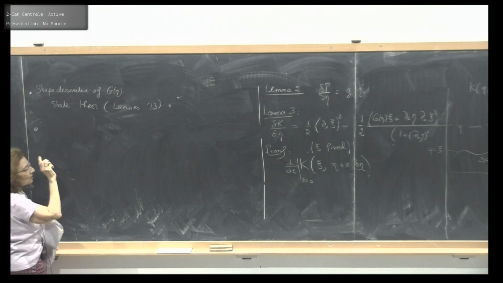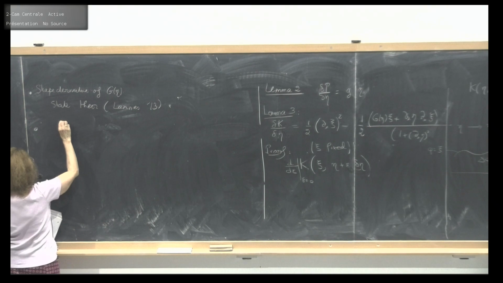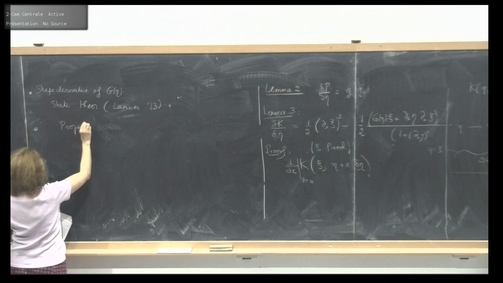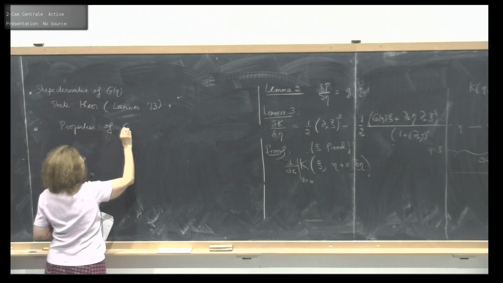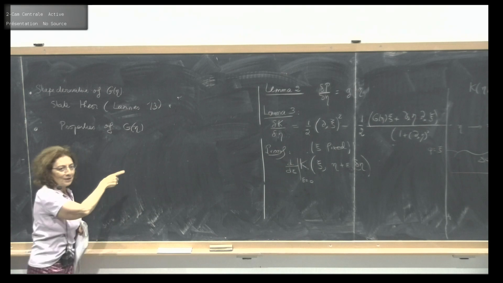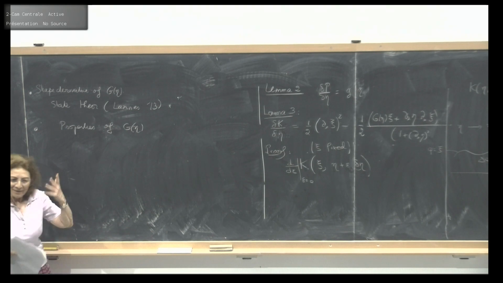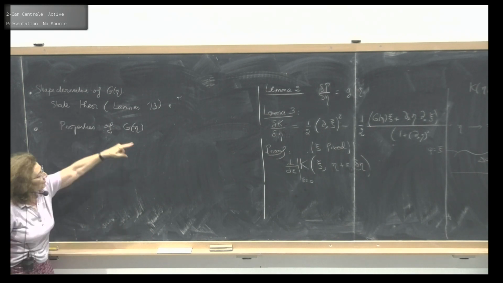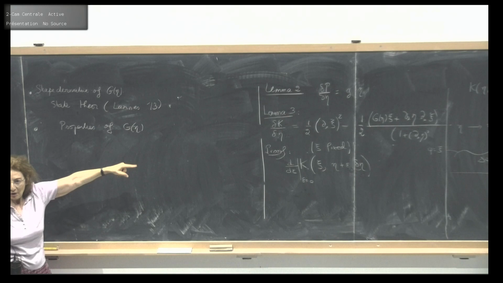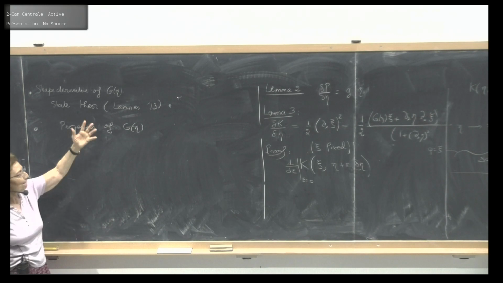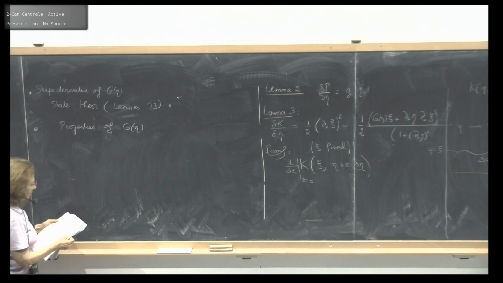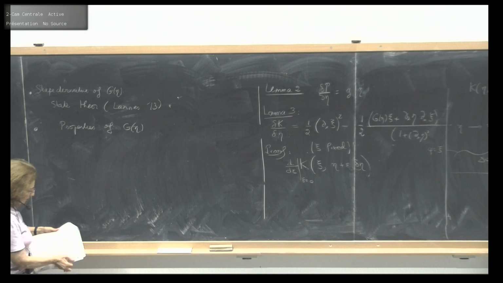Unfortunately, I'm not doing things in perfect order. Then I would like to discuss the properties of G. I should have done this before, but it is a direct consequence of this Hamiltonian calculation, so I thought I'd do it here, because we still have all the formulas.